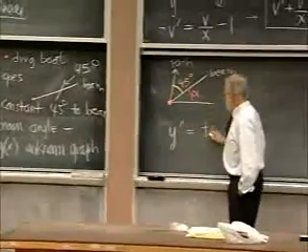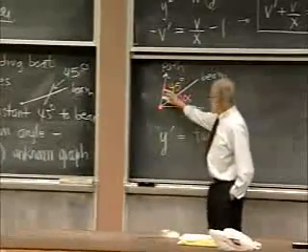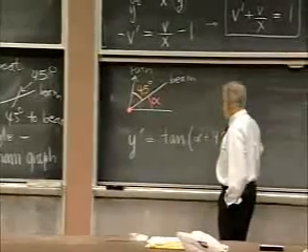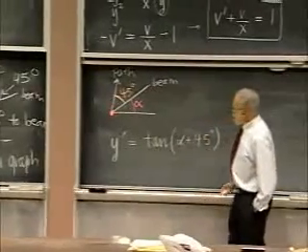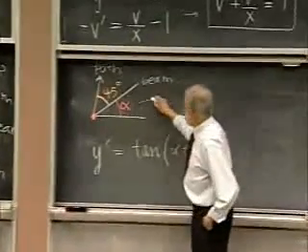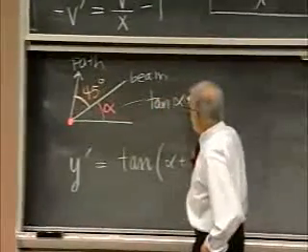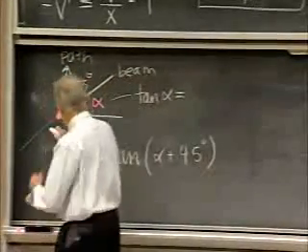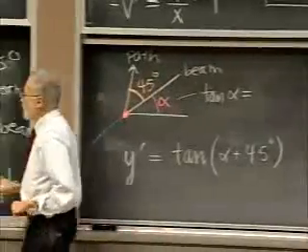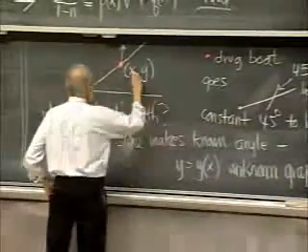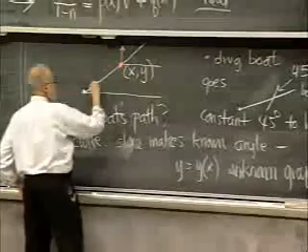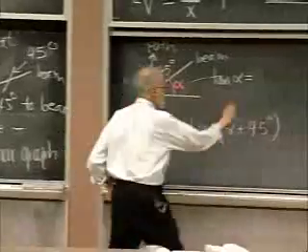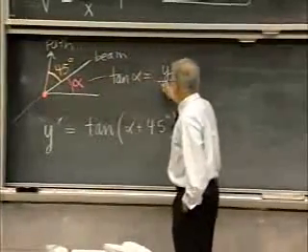Well, its slope is the tangent of the sum of these two angles, alpha plus 45 degrees. Now, what do I know? Well, I know that the tangent of alpha is how much? That's y over x. In other words, if this is the point x, y, this is the angle it makes with the horizontal. If you think of it over here, this is parallel. So this angle is the same as that one, and the slope of that line is y over x. So the tangent of the angle is y over x.